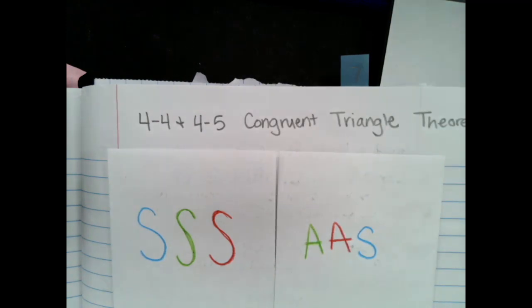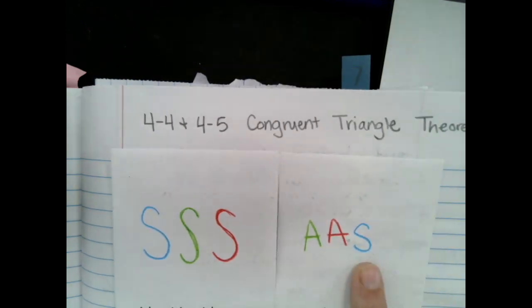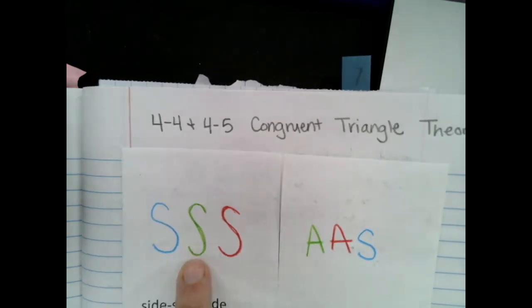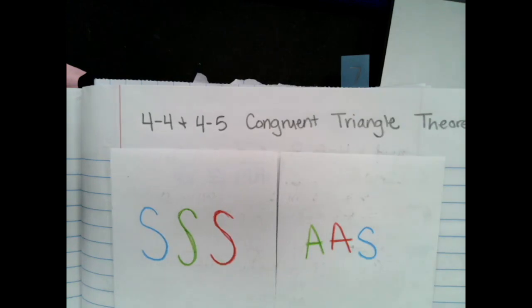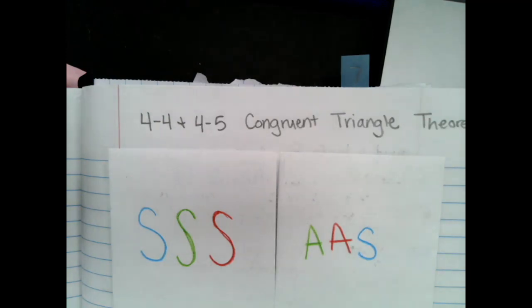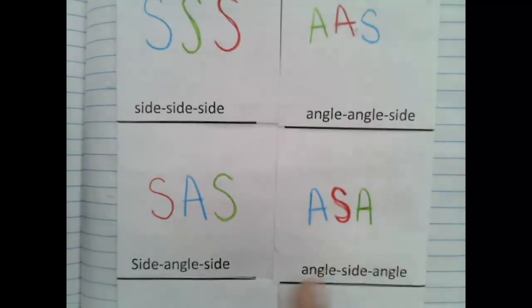Good. Not side, side, angle, because that's that word that we don't like saying in math. Yep, we got angle, angle, side. We have side, side, side. What were our other ones? Good. Side, angle, side. And angle, side, angle. Good. Nice job. And we had a hypotenuse.